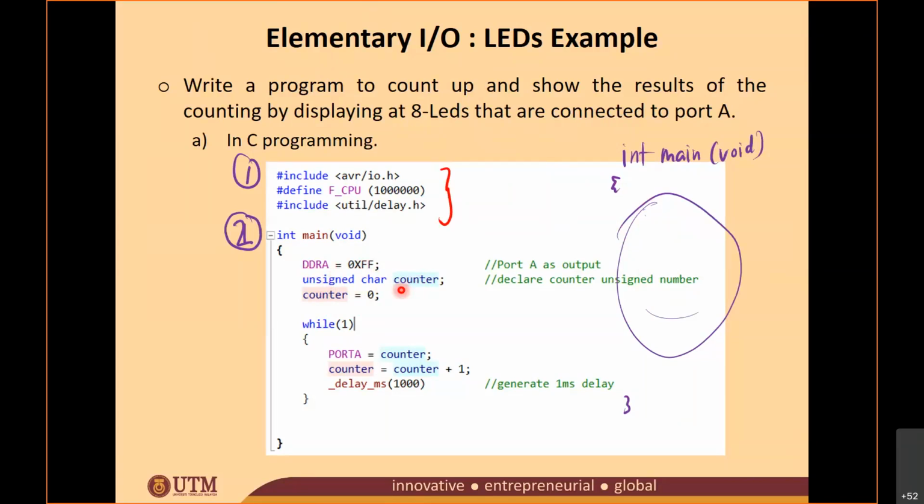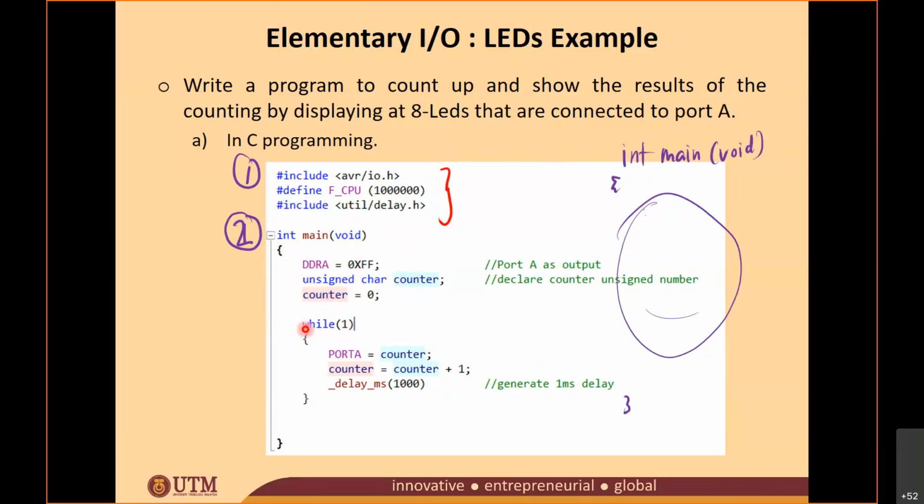Make sure that every time you use a variable, you declare the data type. Kena declare every variable with the data type, either it's an 8-bit number, 16-bit number, ataupun 32-bit number, and at the same time, either it's a signed number or an unsigned number. And then after that, you start your counter with 0.